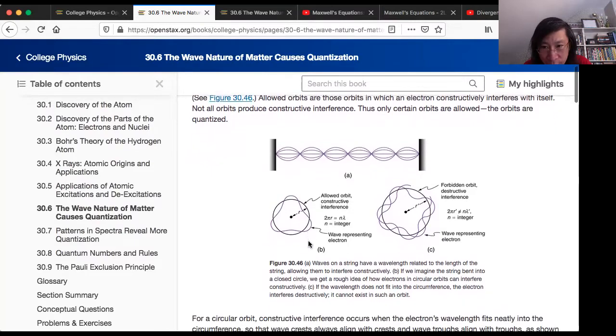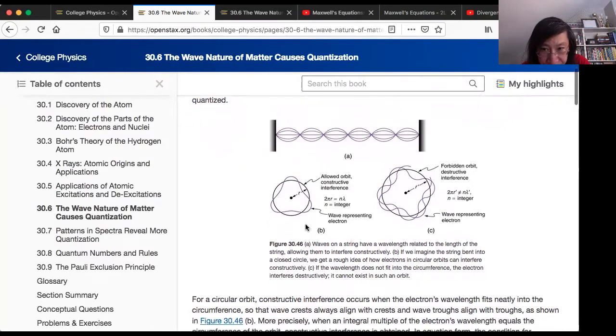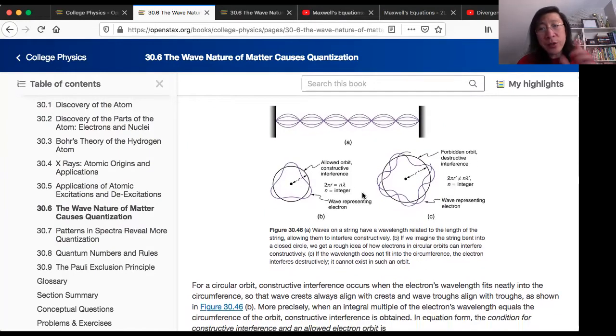And if you have strong wave action, like a wave representing an electron, then that's an area where the electron can actually exist in an atom. Where you have constructive interference, the electron can be there in the atom. All right, read this to the extent that you're interested.